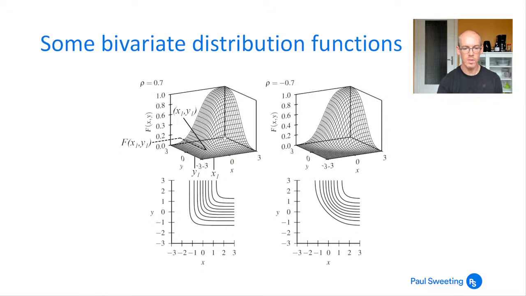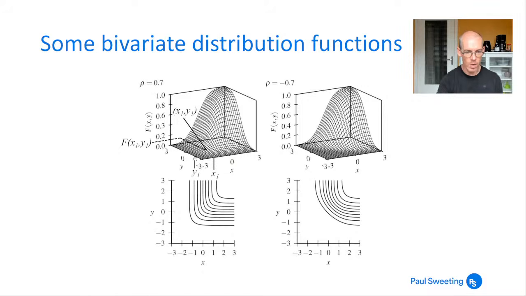So if you were to have probabilities of x1 being less than or equal to 3 and y1 being less than or equal to 3, it's going to be pretty much 1. Whereas if it's less than or equal to minus 3 for both of them, it's going to be pretty much equal to 0. And the way that you would find that out is you take x1 and you follow that line up there.